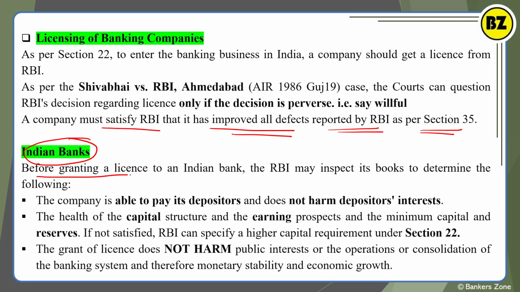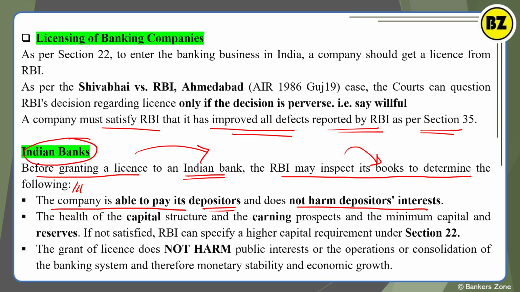Before granting a license to an Indian bank, meaning an entity operating in India, the RBI may inspect the books to determine the following. RBI will check their books of accounts. For example, RBI will check whether the company is able to pay its depositors and does not harm the depositors' interest.